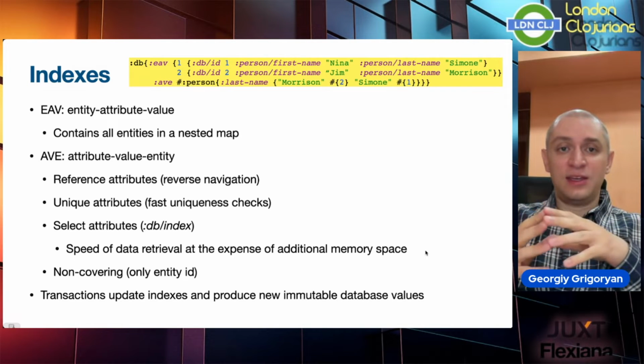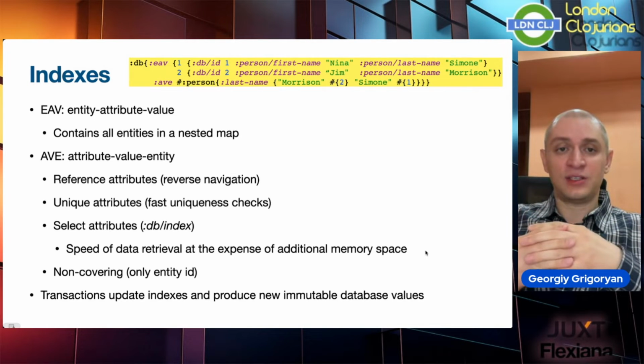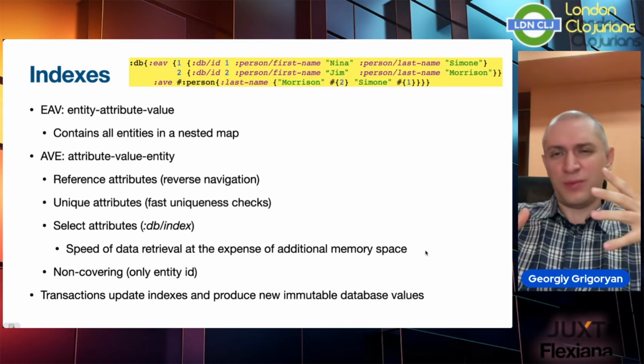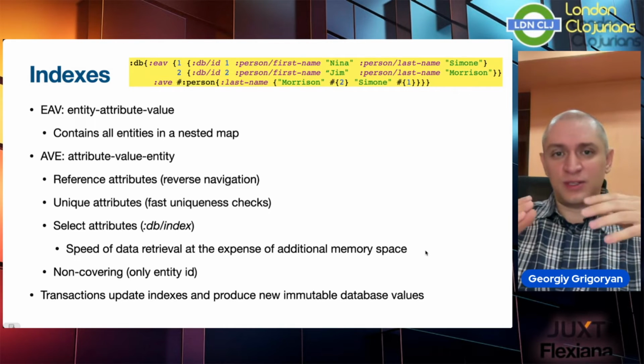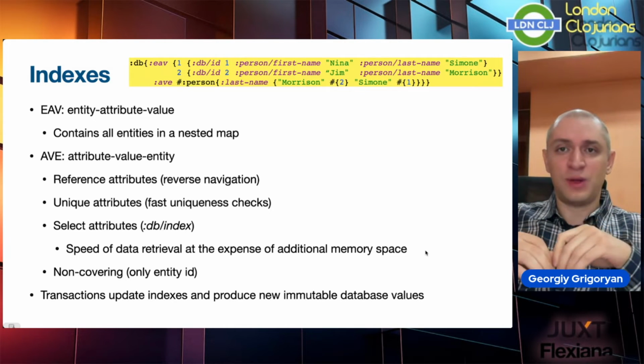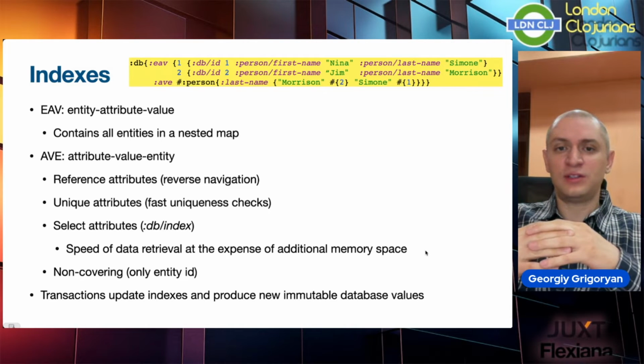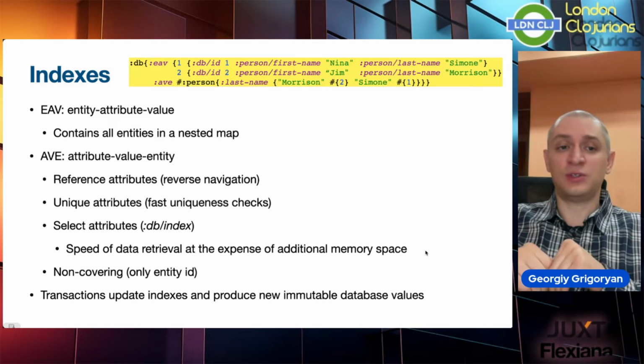Aside from that, the programmer can specify what to index. So we don't want to index everything because maybe we don't need it, right? So we specify, and only those things we specify will allocate memory in the AV index for those things. And that, of course, lets us retrieve data quickly for certain types of queries at the expense of the additional memory space.